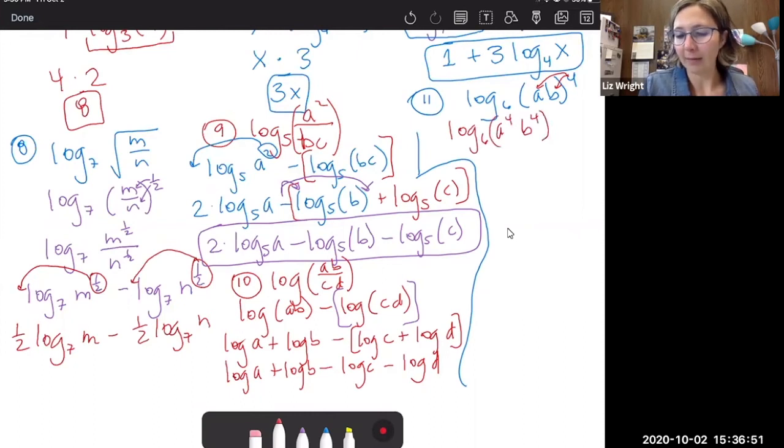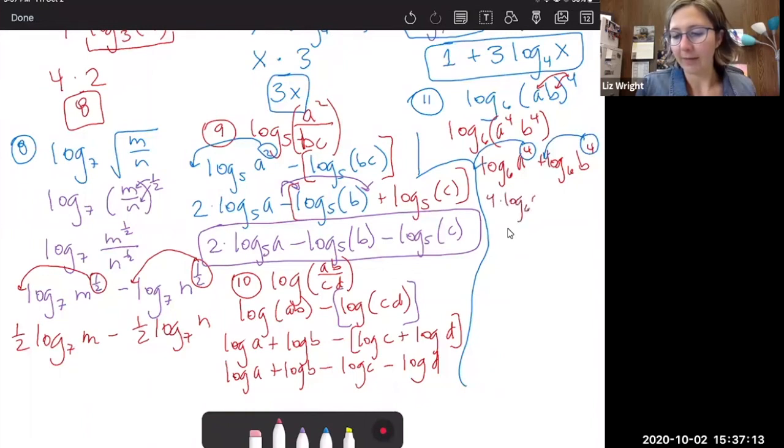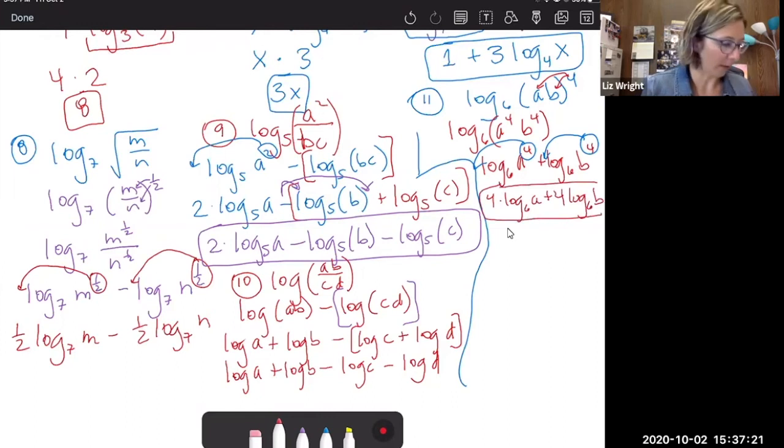And then we're going to have log base 6 of A to the 4th plus log base 6 of B to the 4th. And then we've got one more step. We can bring the 4 down. And then we're going to have 4 times log base 6 of A plus 4 times log base 6 of B. And that's going to be our answer for that one.